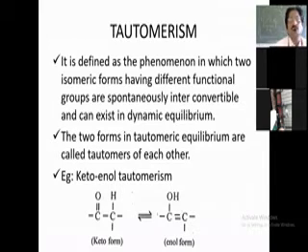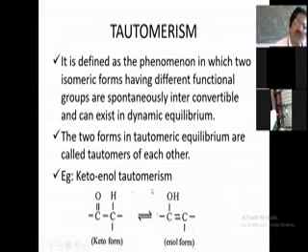The 2 forms in the tautomeric equilibrium are called tautomers, and they are called the keto and enol forms. This is the keto form and that is the enol form, both having different structures. They have different functional groups. One has the ketonic functional group, the other has the hydroxyl functional group.